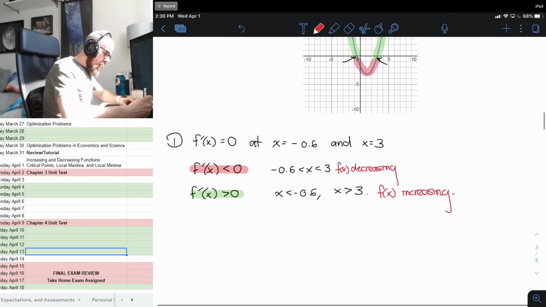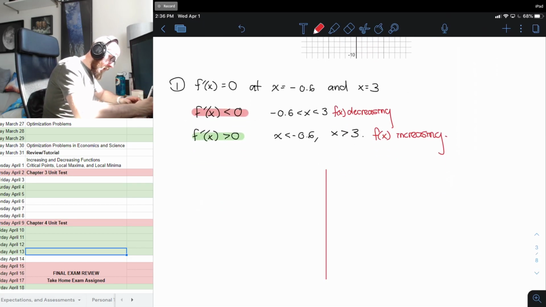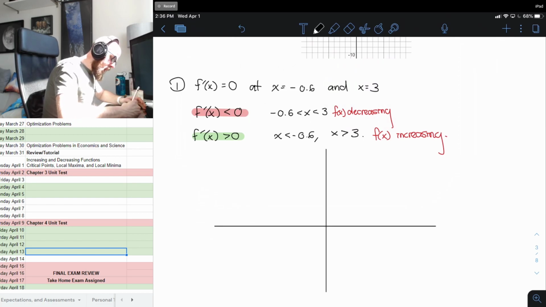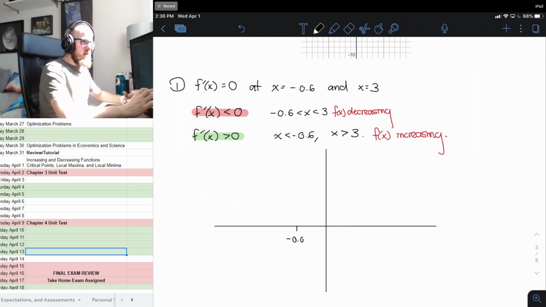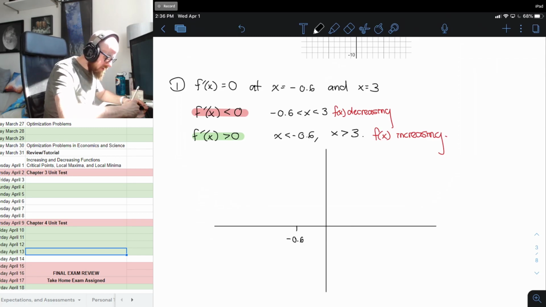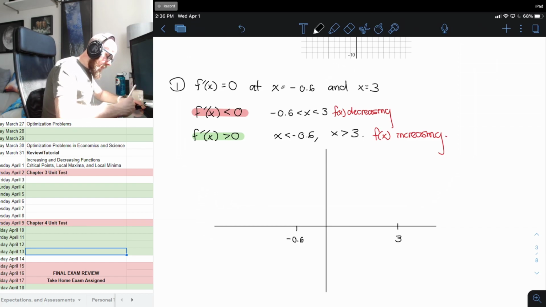And so the way I would do this when I set up my graph here, I'm going to indicate the two main points, my critical points. So negative 0.6, and again this is going to be a rough sketch, so it won't be perfect, and 3.